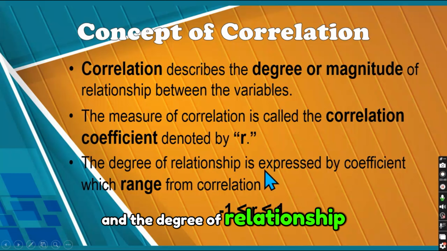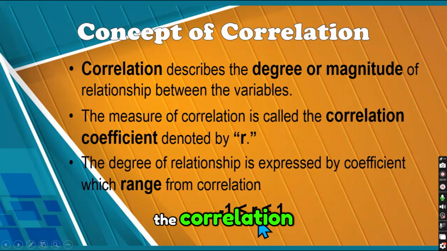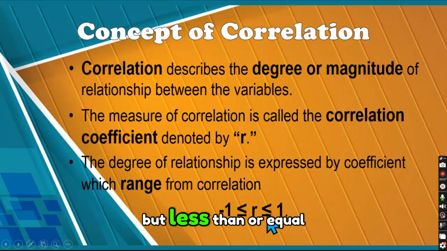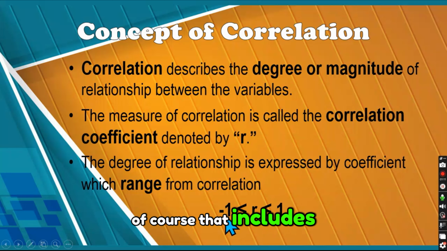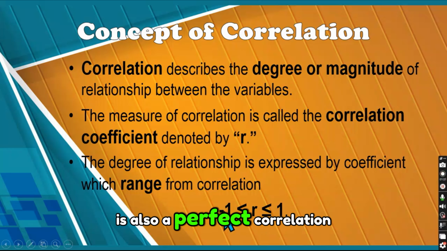And the degree of relationship is expressed by a coefficient which ranges from -1 to +1, meaning r is greater than or equal to -1 and less than or equal to +1. The values will include decimals or fractions between -1 and 1, of course, that includes -1 and +1. +1 is a perfect correlation, and -1 is also a perfect correlation.